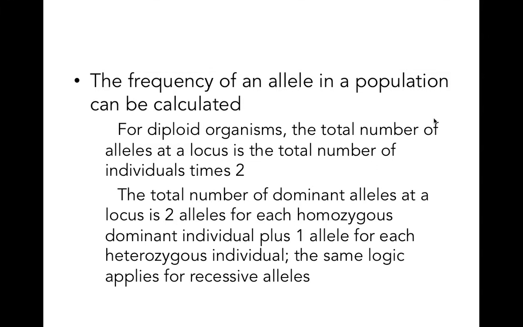So the total number of dominant alleles at a locus is 2 alleles for each homozygote, plus 1 allele for each heterozygote, and the same is true for recessive alleles. If someone is homozygous recessive, they are carrying 2 copies of the recessive allele, and every heterozygote is carrying 1 copy of the recessive allele.